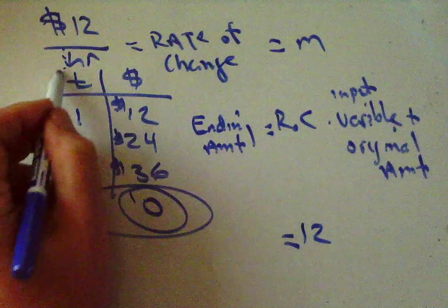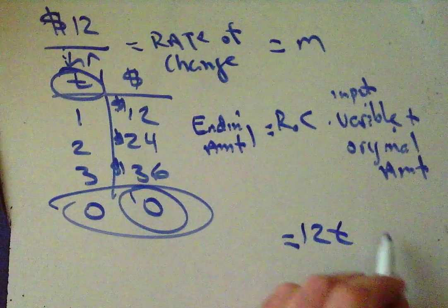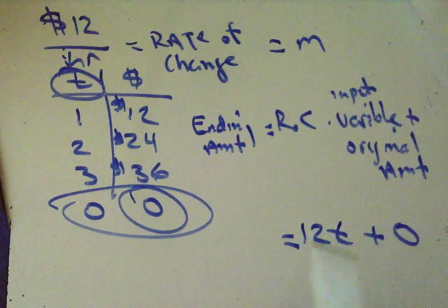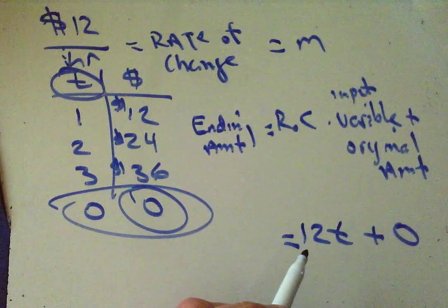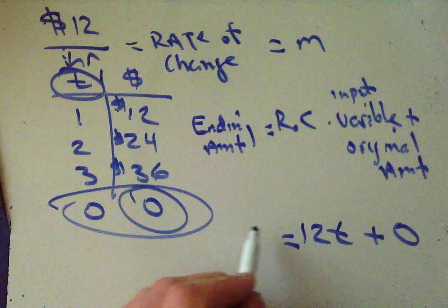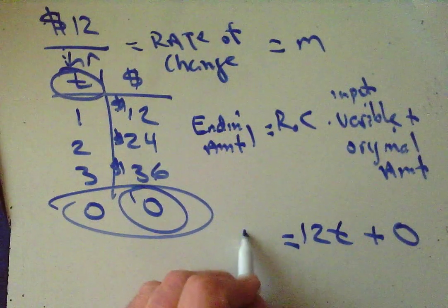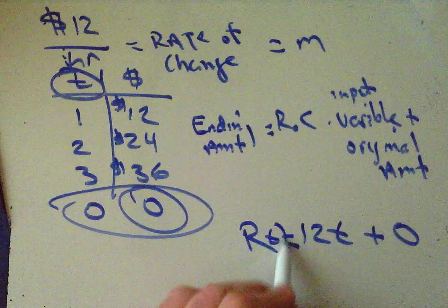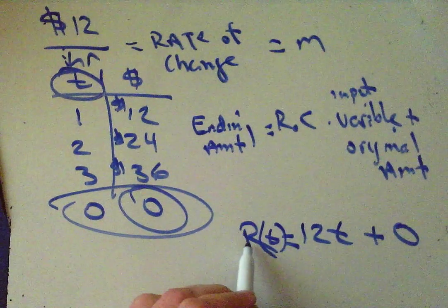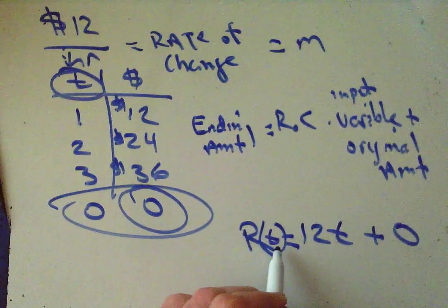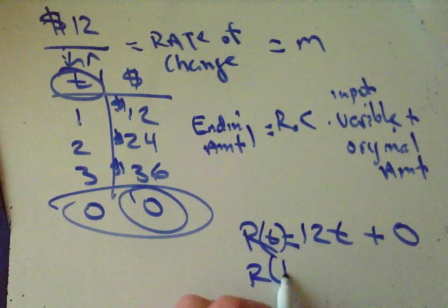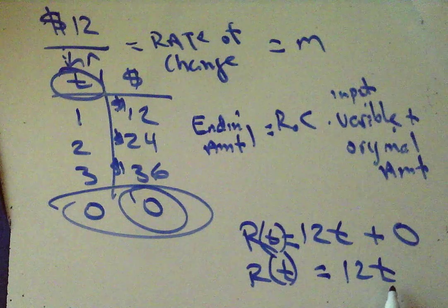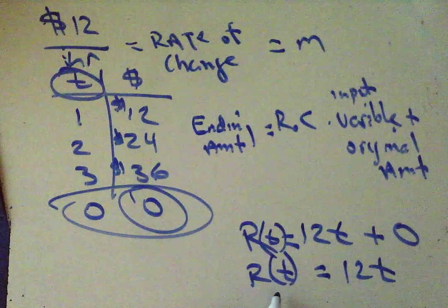And I'm going to use my input variable, t. So this represents a model for how much money I have coming in, also known as revenue. In fact, I could even use function notation and say the amount of revenue is a function of time. And I could say 12t. I plug in a time and I get out an amount of money.